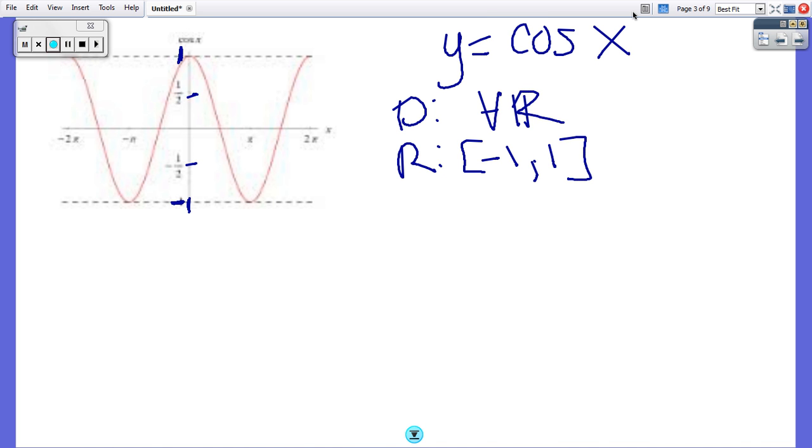This time, it has symmetry over the y-axis. You can see that if I took this y-axis here and folded the graph in half at this y-axis, it would be symmetrical. So it has symmetry over the y-axis. Remember, sine had symmetry about the origin. This one has symmetry over the y-axis.